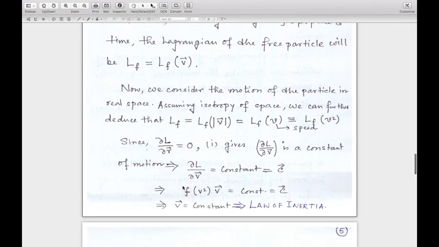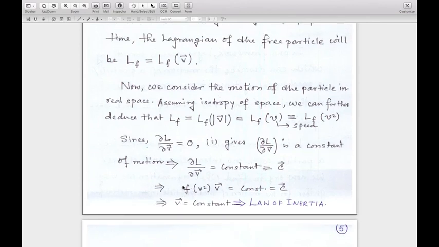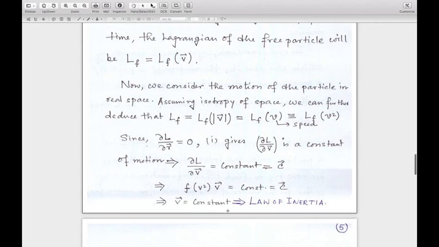So we can see that for a particle which is not interacting, if its Lagrangian totally obeys the homogeneity properties of time and space and the isotropy property of space, then we are finally left with the conclusion that v is a constant, and that's completely consistent with the first law of Newton, which is the law of inertia.